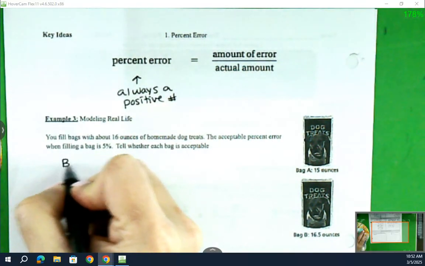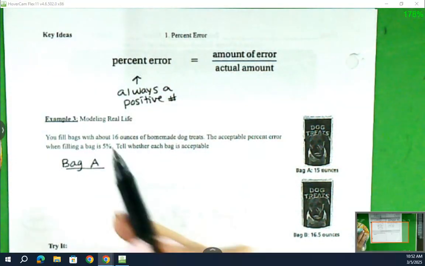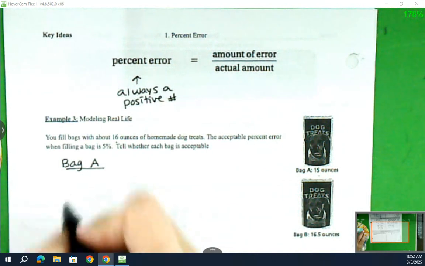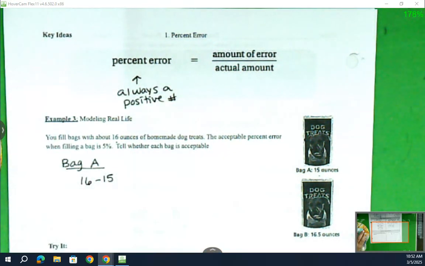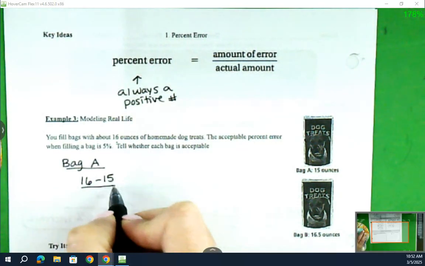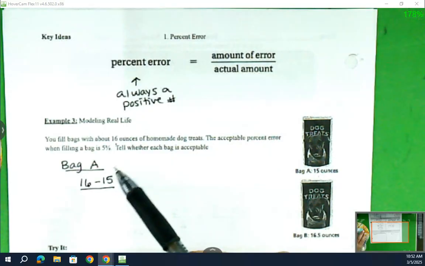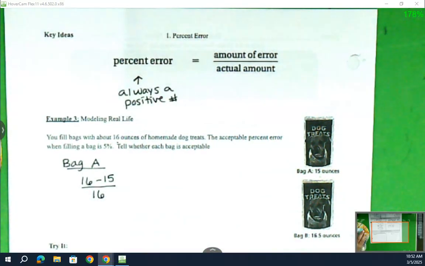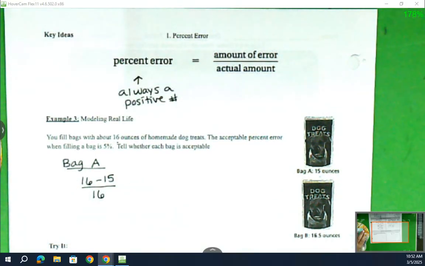So looking at bag A, we have 16 ounces versus 15 ounces. So that's our maximum minus minimum, or our amount of error, out of the actual amount, which should be the 16. Okay, so it's how much you're off by, and then your denominator is not your starting number, it's your actual amount.